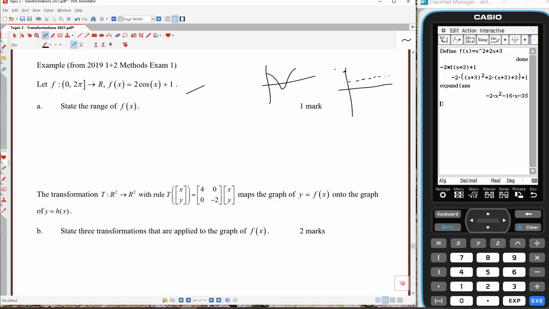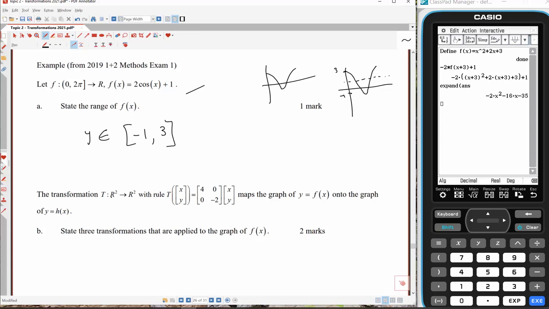We'll start here at 3, down to 1, to -1. Basically it's going to go like that. So the range, y is an element, will produce y values between -1 and 3 inclusive.